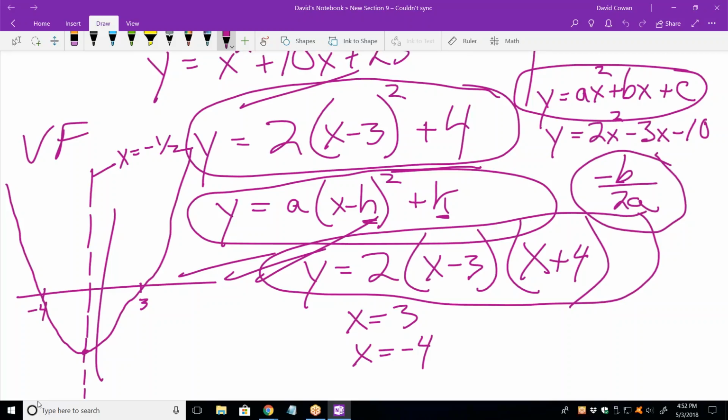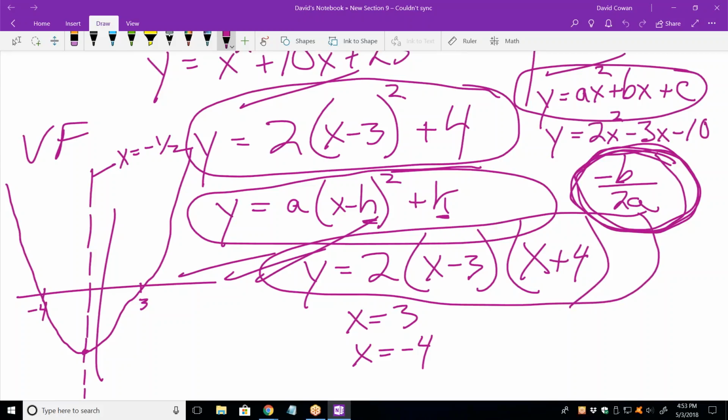Take halfway between them, you get the x-coordinate of the vertex. So that's a pretty good format to have also. And if they give it to you in standard format, you can use minus b over 2a to get the x-coordinate of the vertex. That's it in a nutshell.